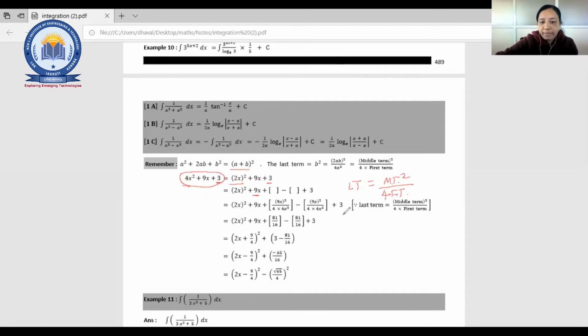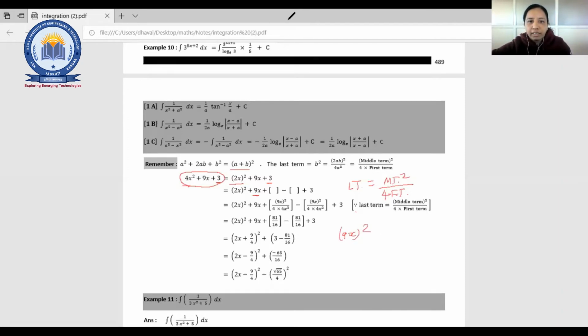So what happened? I have applied this: last term equal to middle term square. So the middle term is what? 9x. So I'll write 9x square here.